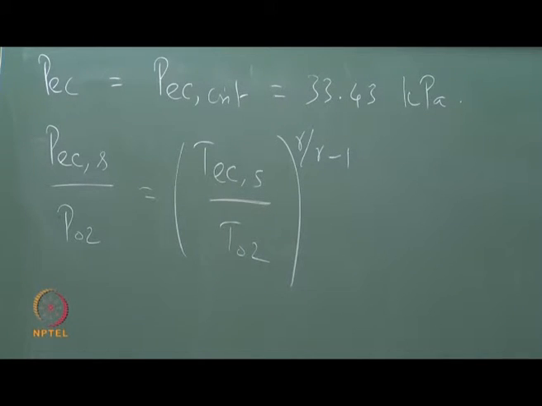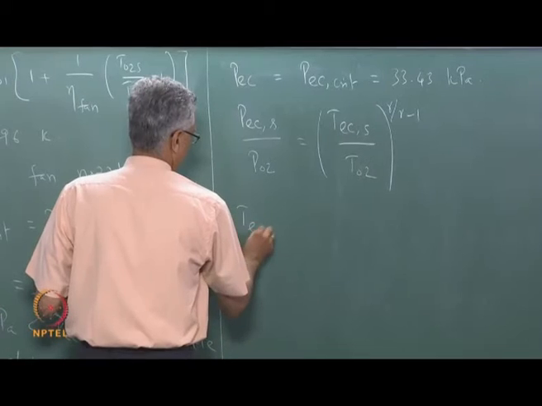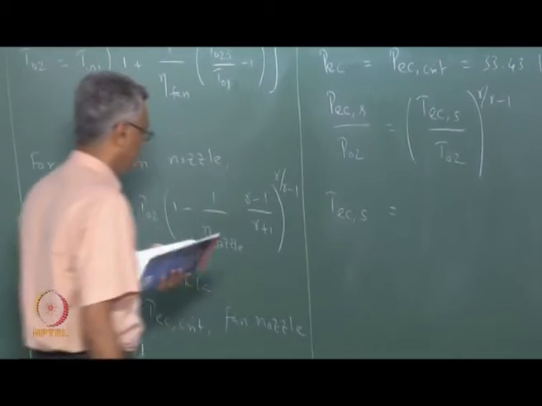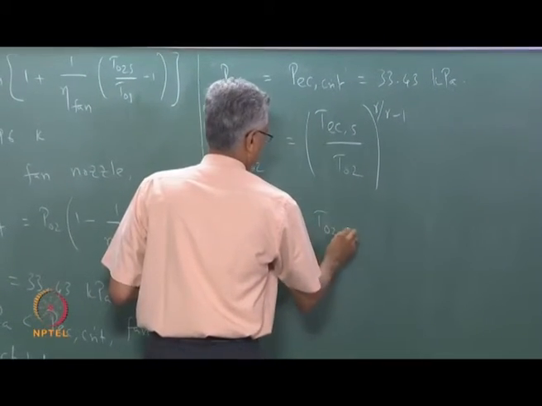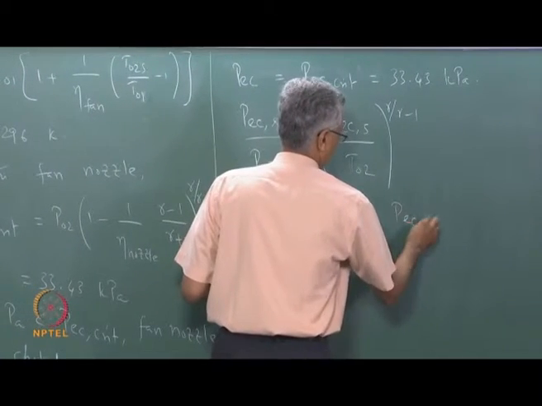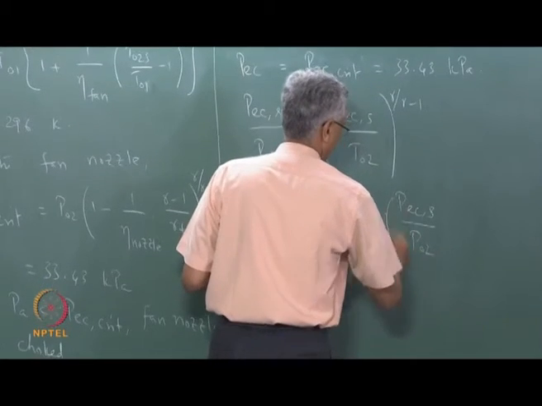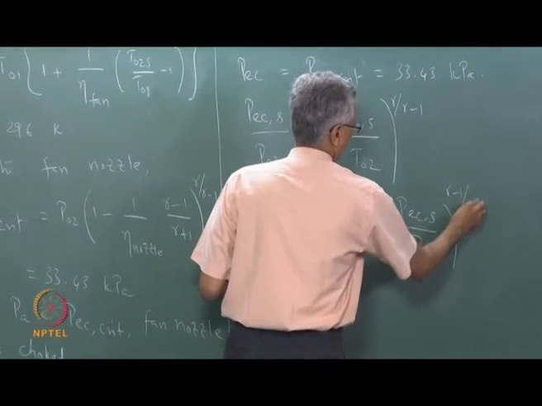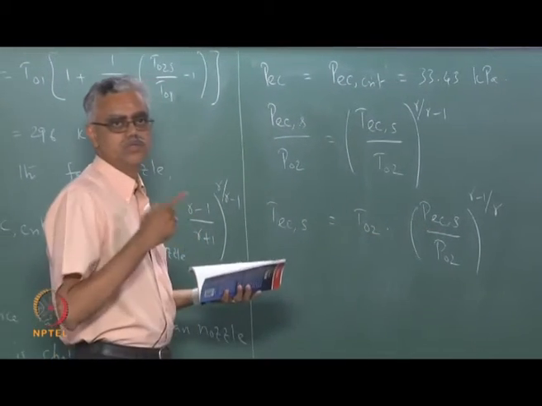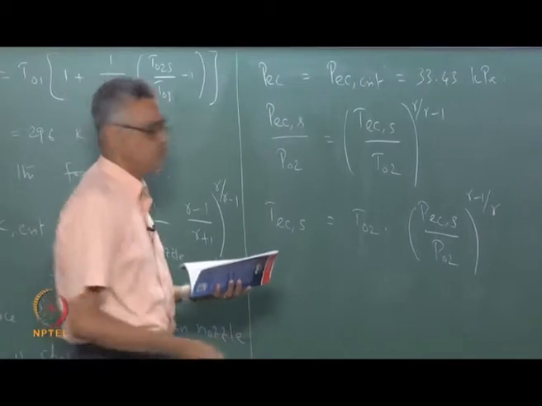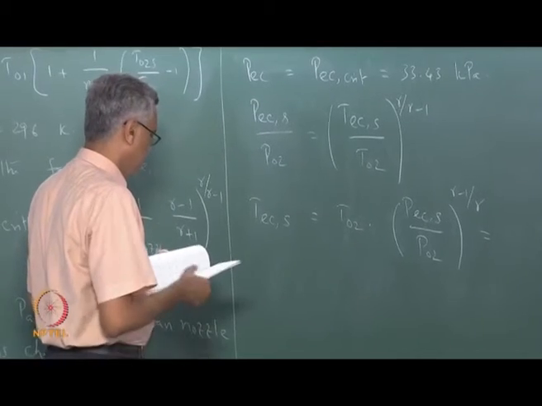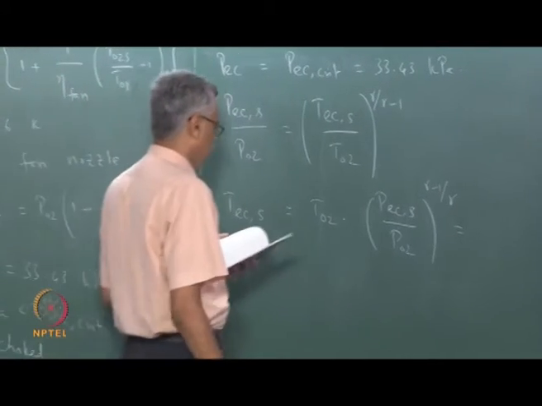So from this I can calculate TECS. TECS is equal to T02 times (PECS divided by P02) raised to the power gamma minus 1 over gamma, and this value is equal to PEC. If you remember, both this and PEC lie on the same isobar. So I can substitute the value and get this temperature to be equal to 245 Kelvin.